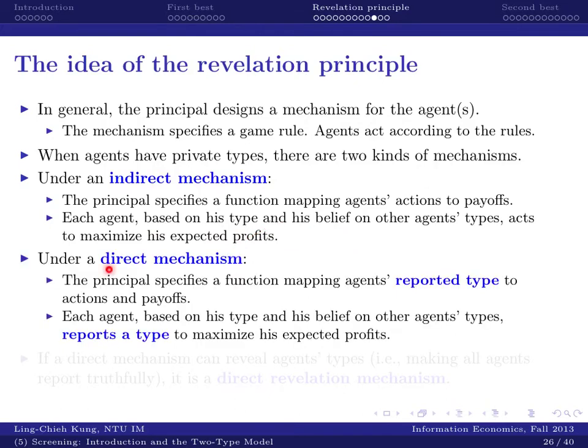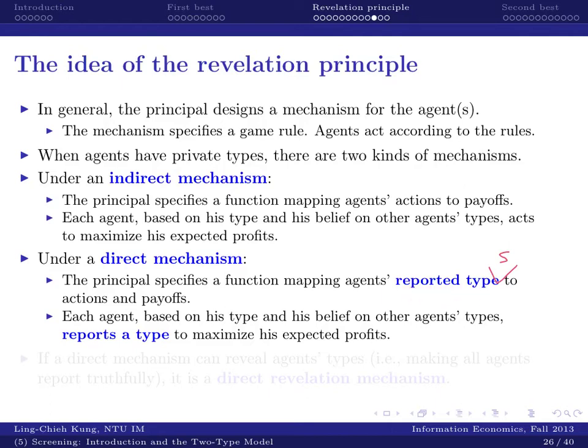Another thing is called a direct mechanism. This is something very interesting. So the principal is going to specify a function mapping agents' reported types to actions and payoffs. What does that mean? I ask the agents not to choose an action. Instead, I want them to report a type.